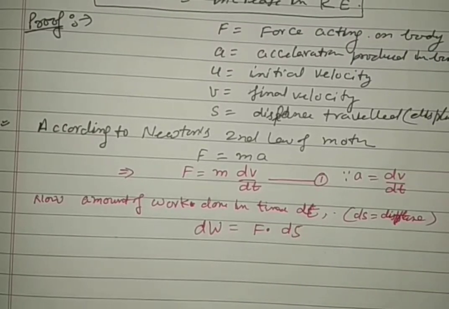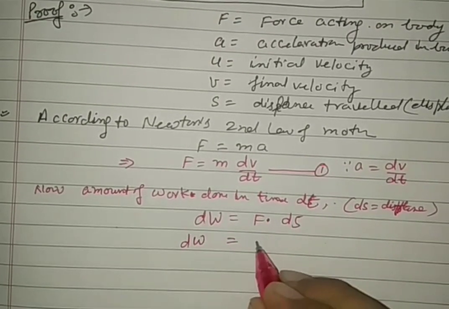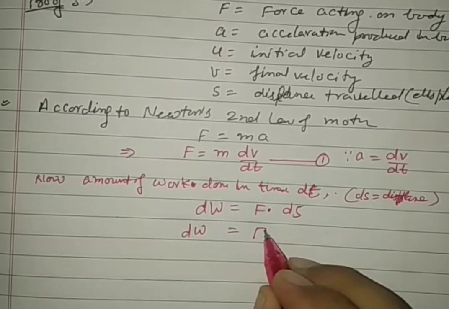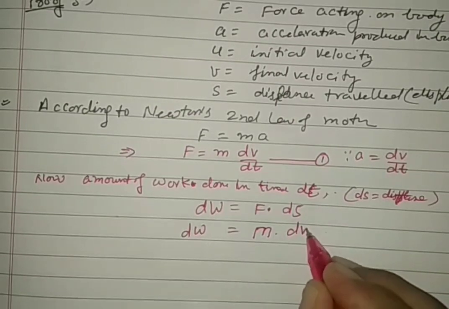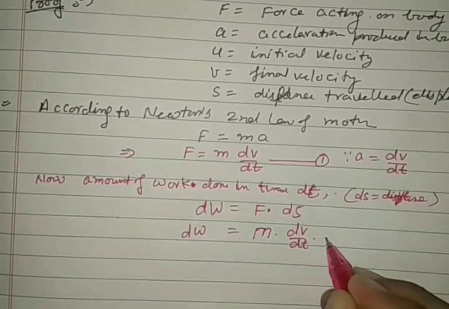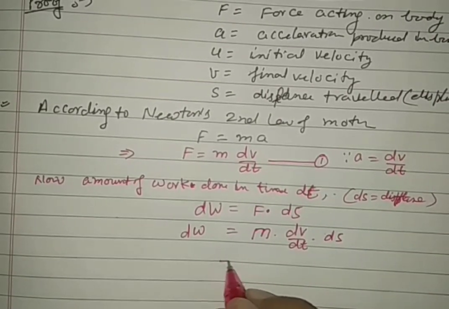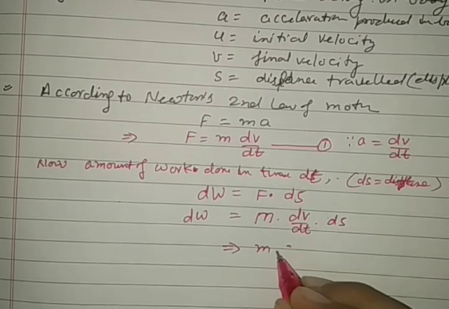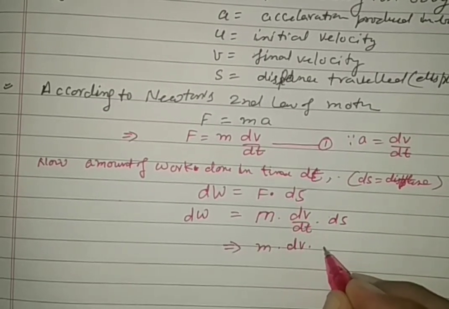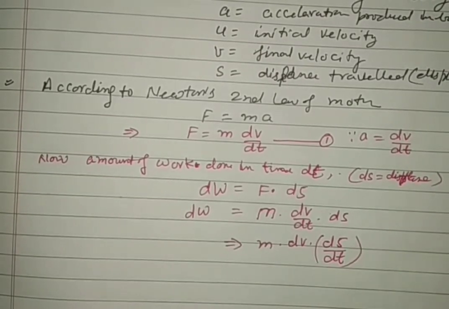Now this dW can be written as, from equation 1, m dv by dt into ds, or rearranging, m dv into ds by dt.